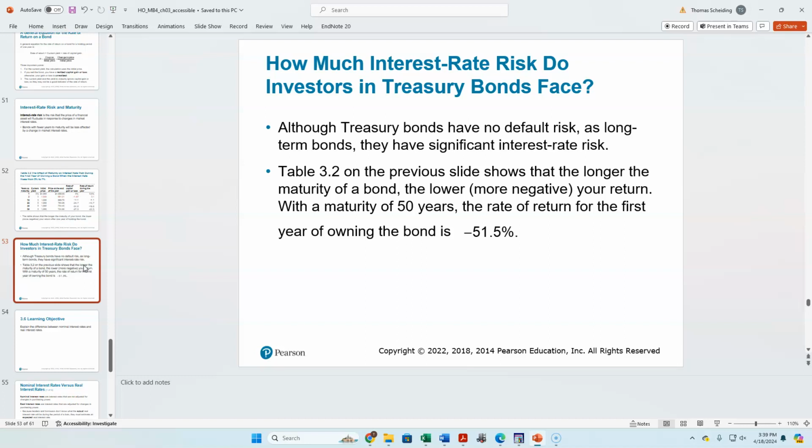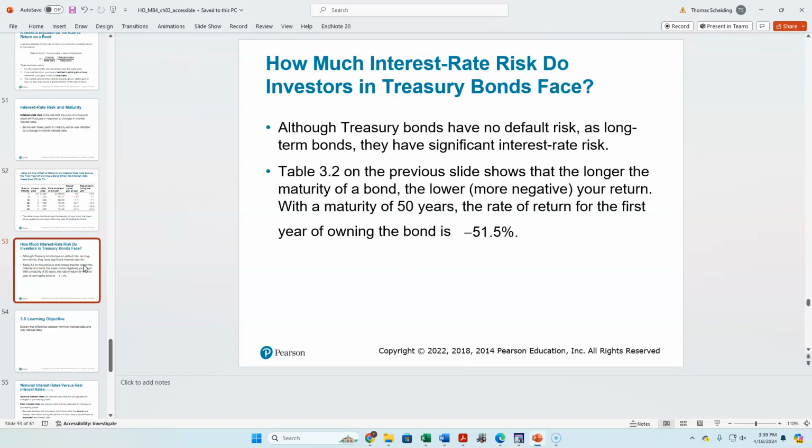And so this is an important slide because it highlights again the complexity of bond investing. It's not easy because, yes, even if you invest in treasury bonds, you're not going to have default risk, or very little default risk, but you have significant interest rate risk. Where did we see this?